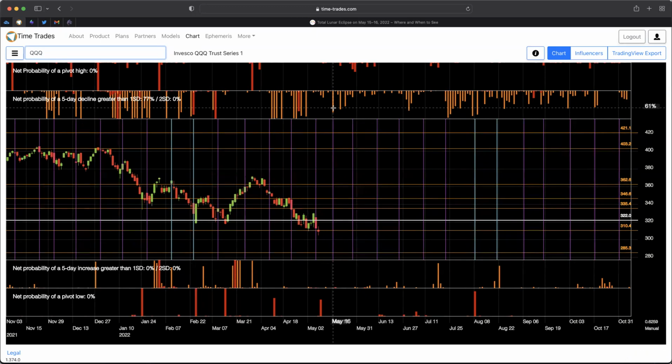Remember, this is the Monday after the cheat code day, and it's the Monday after the eclipse. So we've got a 77% probability of a 1 standard deviation move down. And then we've got some other probabilities here coming after the Moon in Capricorn on May 19th and May 23rd. So these are somewhat isolated, but taken in total, it's painting a very bearish picture.